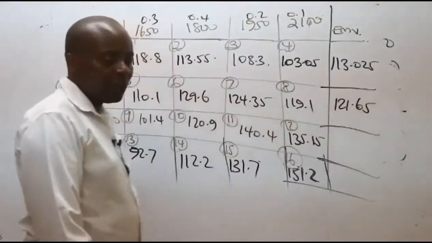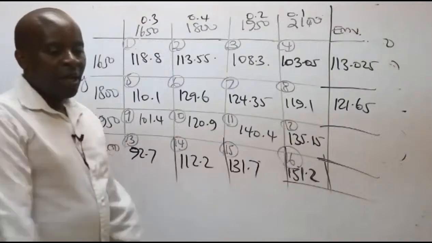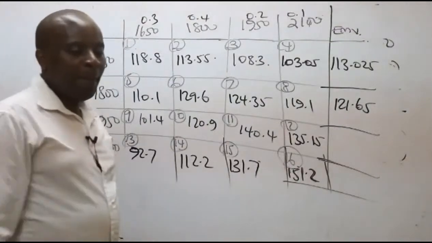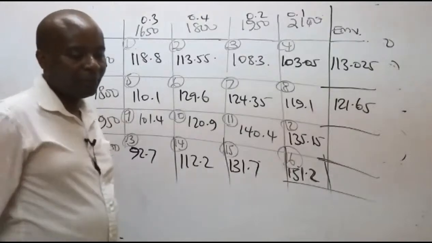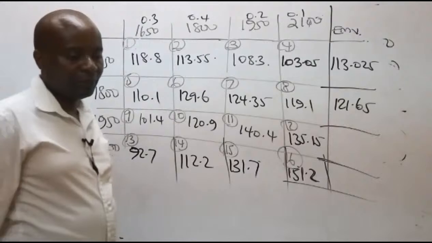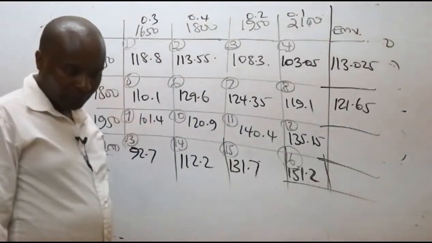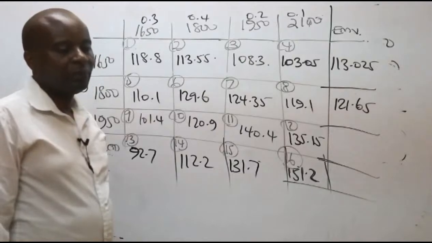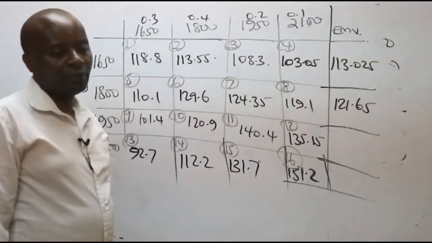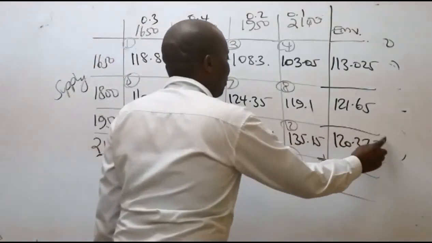From there, we have the third one. 120.375.